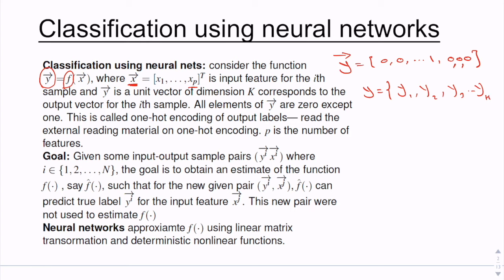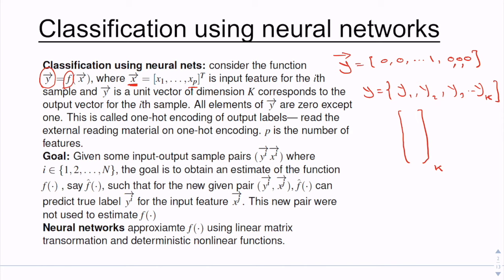These are the number of labels. Therefore, we can represent each sample as a unit vector. If you have k labels, we create a vector with dimension k, and for each input feature we have a label.